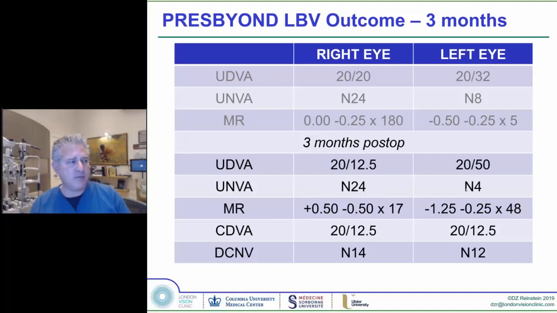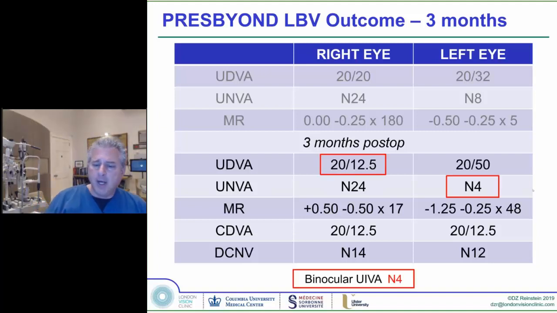Daniel talked about the fact that he basically can go to all of his previous cataract surgeons and bring them back for a PRESBYOND upgrade. And the binocular intermediate, by the way, is N4 as well, which you're not expected to have that depth of field with just monovision as such.